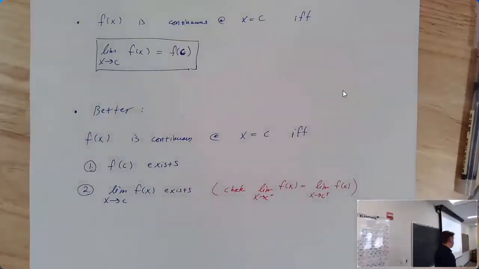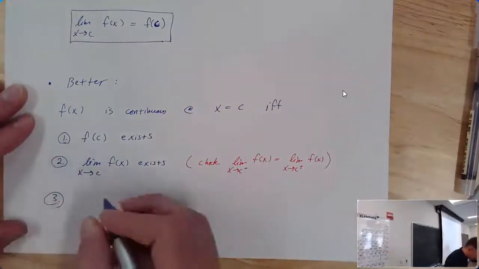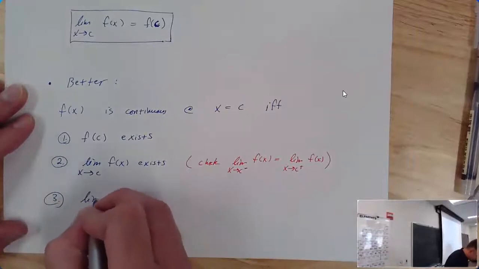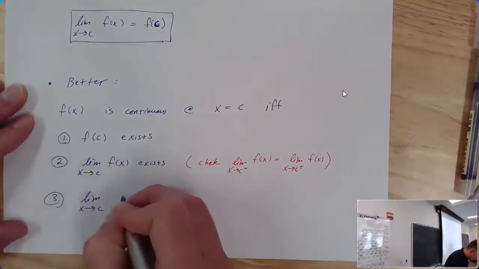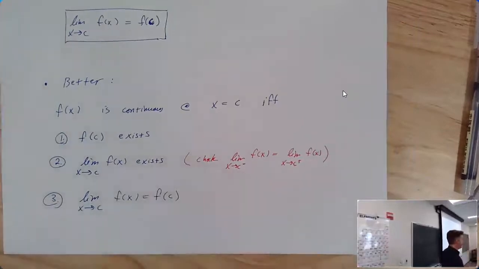Not always, but often. And then finally, if you've met those two conditions, you can continue on and check to see that they're equal to each other. If any one of these things fails, you're done. It's not continuous at that point.